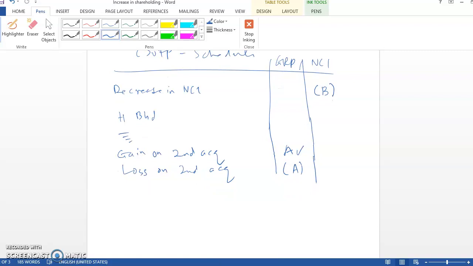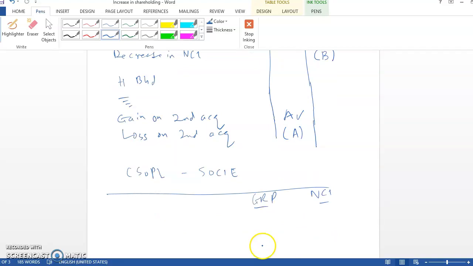portray the SOCI, Statement of Changes in Equity. So in SOPA, you have under SOCI, right? You also have two columns, right? GRP and NCI. Same thing. In the NCI, you put a decrease or reduction in NCI, the amount of B. In the GRP, you put the gain or loss.